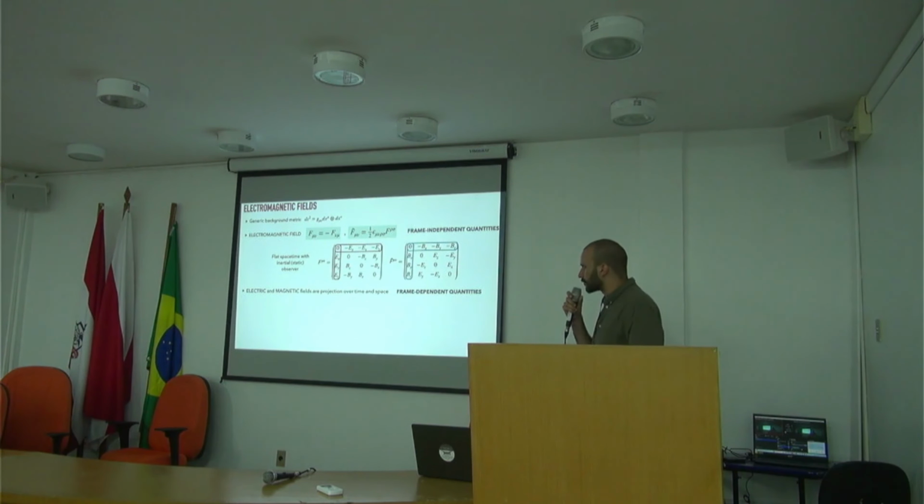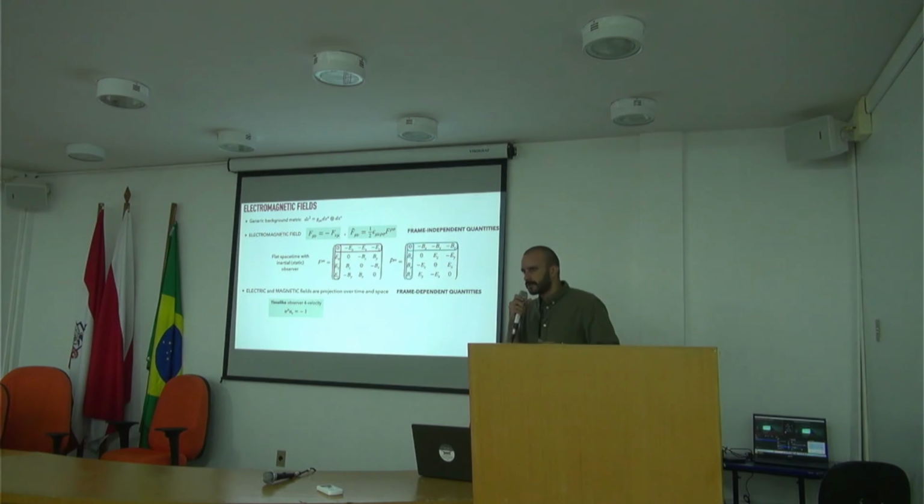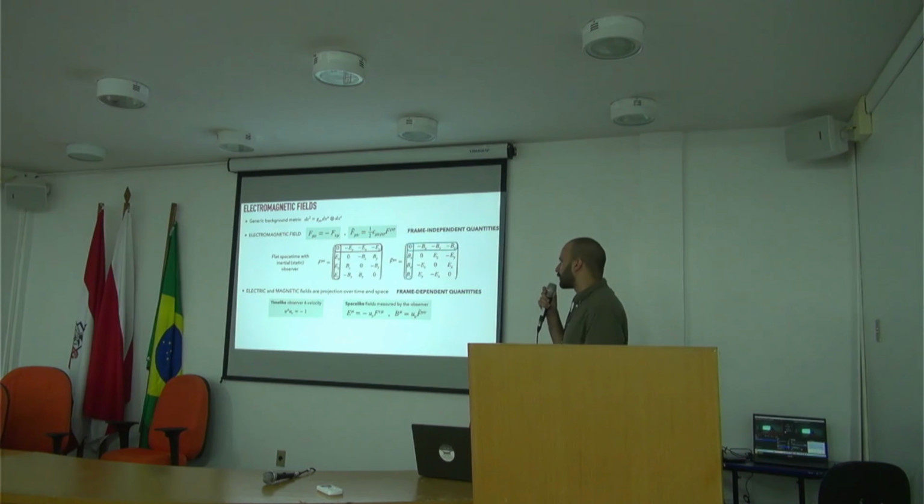So we can choose a certain time-like observer. This will define a certain time direction to follow. And then we project the Faraday tensor and its dual over this time direction. The result will be essentially the electric and magnetic fields as measured by that specific observer.